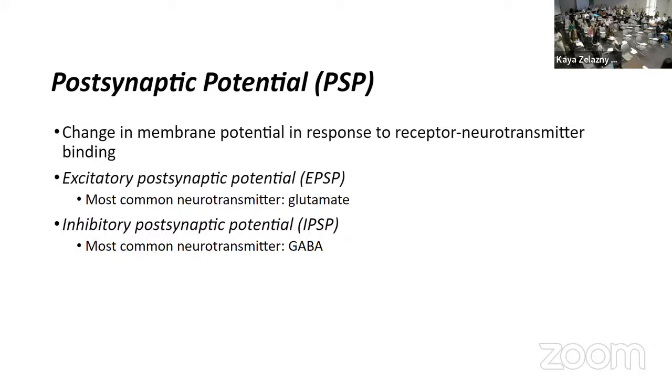The reverse, our most common inhibitory neurotransmitter is GABA. So when GABA binds onto those receptors, usually that's going to create inhibition, which means we're creating some kind of hyperpolarization. Right, so we're either letting potassium leave the cell, or we're letting chloride ions, those negative.